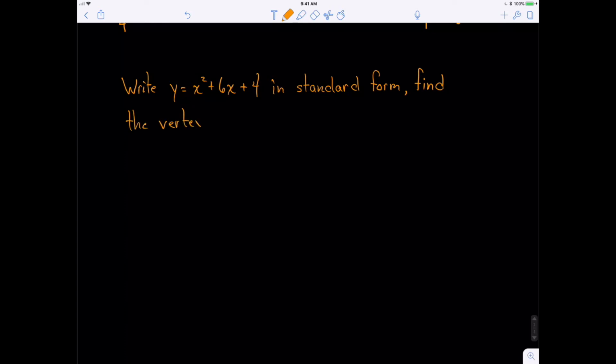So let's do this. We're going to write y equals x squared plus 6x plus 4 in standard form, and find the vertex, and graph.